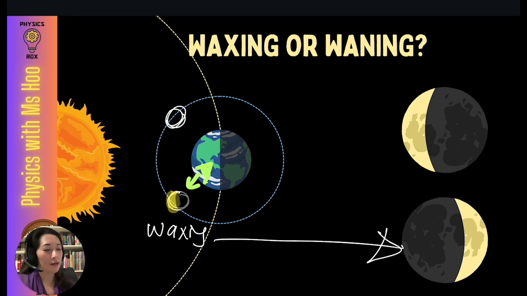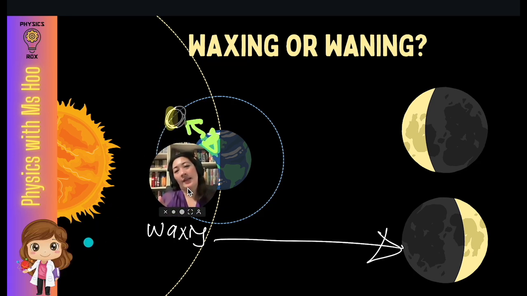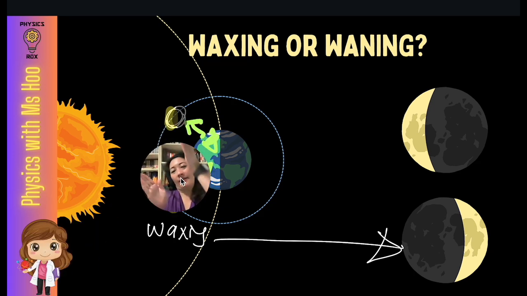Whereas when we're looking at the moon from here, where our point of view is this side, so this half of the moon is lit by the sun while the back part is in darkness over here. So when we look at it, now you can see, okay, right side is dark, left side is lit up.